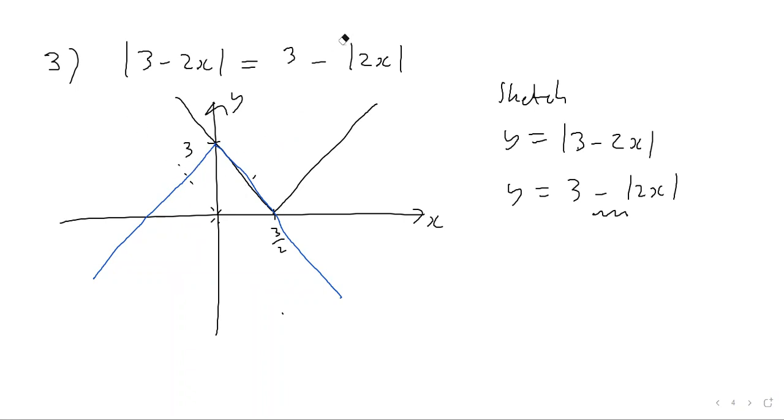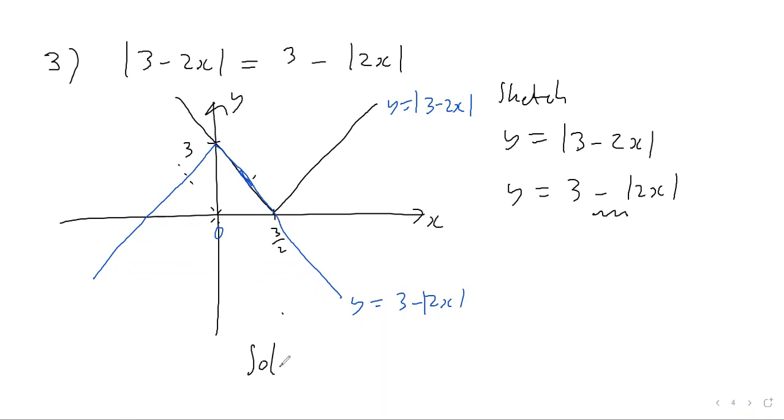So yeah, we've got y equals 3 minus modulus of 2x there, and we've got y equals modulus of 3 minus 2x there. So, okay, where are the intersection points? Where are our solutions? Well, this is obviously x equals 0 there. We've just worked out that this is x equals 3 over 2 there just by setting this equal to 0. And we can see that they overlap between 0 and 3 over 2. So we've actually got a set of solutions.